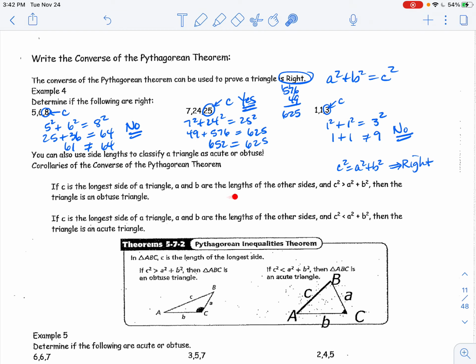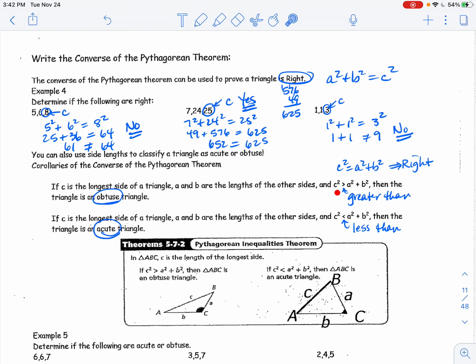Now, if c is the longest side of a triangle and a and b are the lengths of the other sides, if c squared is greater than a squared plus b squared, then you have an obtuse triangle. If c squared is less than a squared plus b squared, then the triangle is acute.